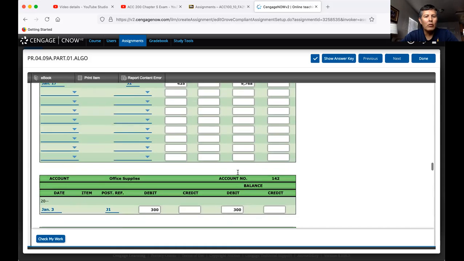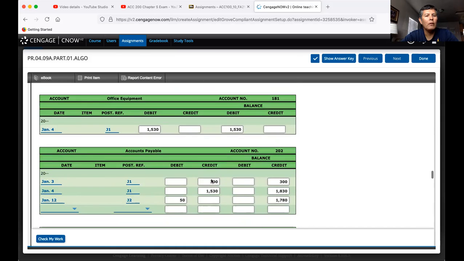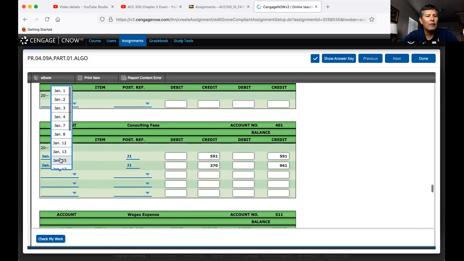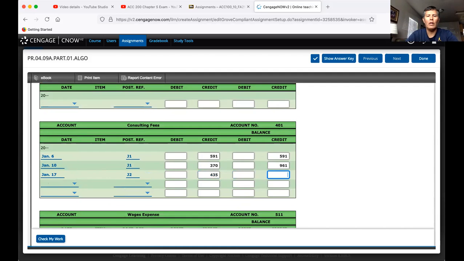Now we got to go down to our services, our fees, our revenue. Consulting. So this will be the 17th. This is J2 and 435. So 961 plus 435 equals 1396, okay?